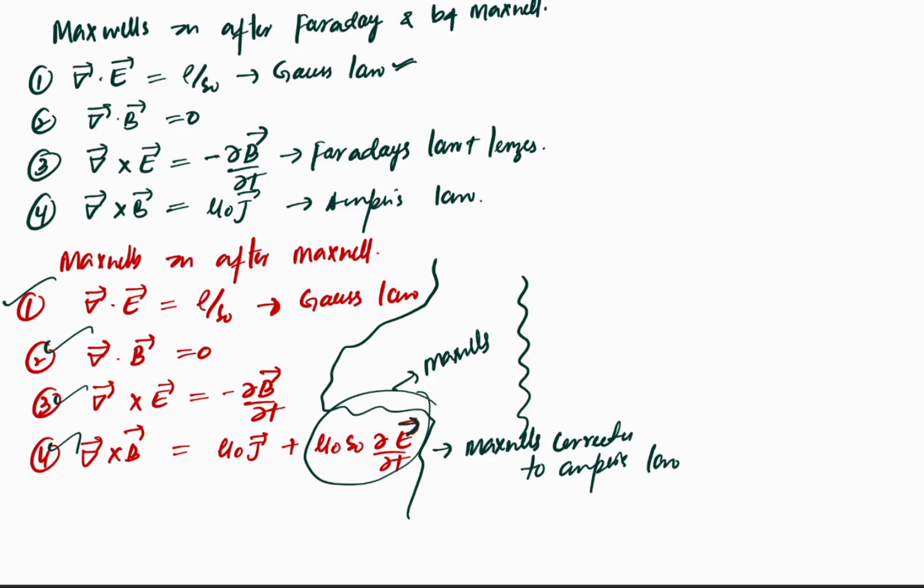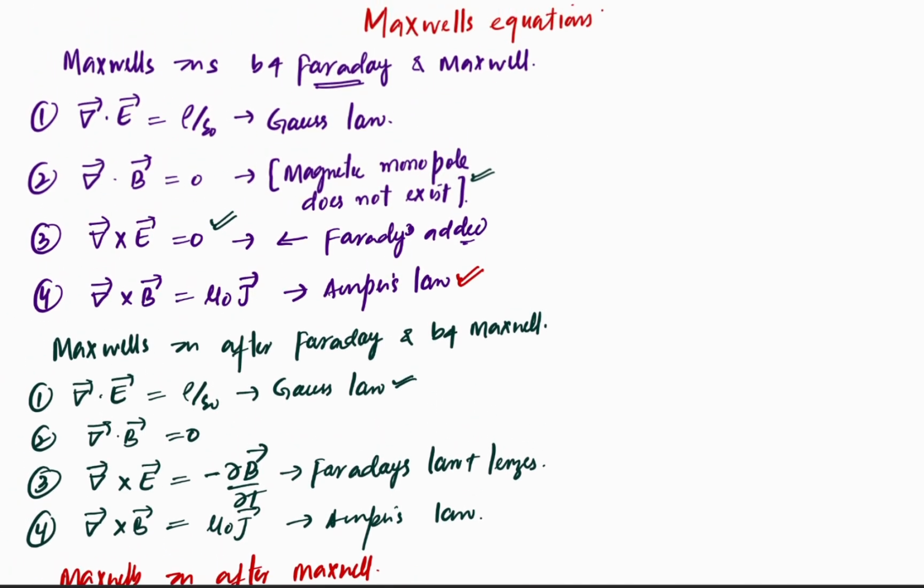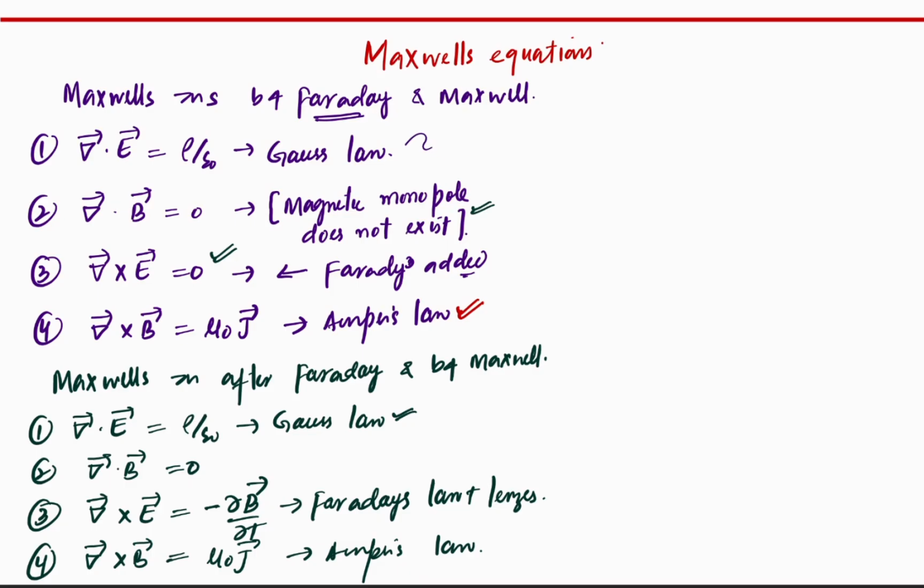Okay, so these are the differential forms of Maxwell's equations. Let me erase this and I'll now write the integral forms of these equations. I hope you understand now. So there are these four equations initially, 1, 2, 3, and 4.